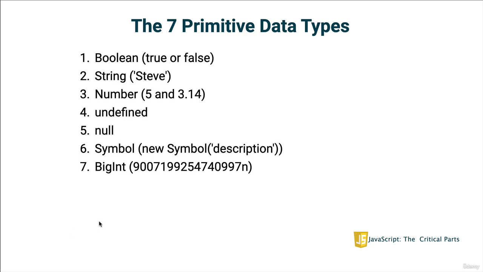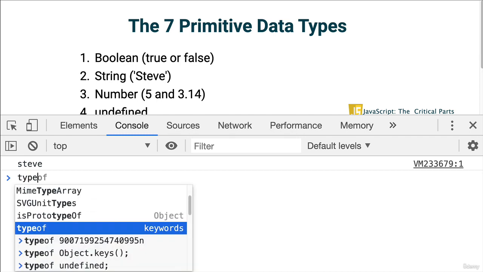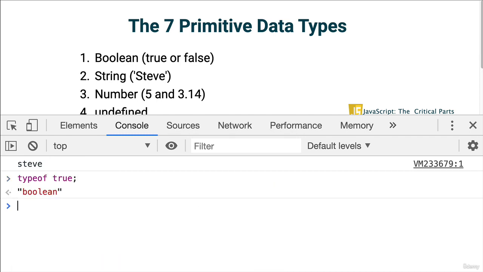Now, with data types in JavaScript, we have a type of operator whose purpose is to return the data type of a value. Now, I want to look at that really quick for each of these. So if I go to the console and we do type of true, what's it going to return?